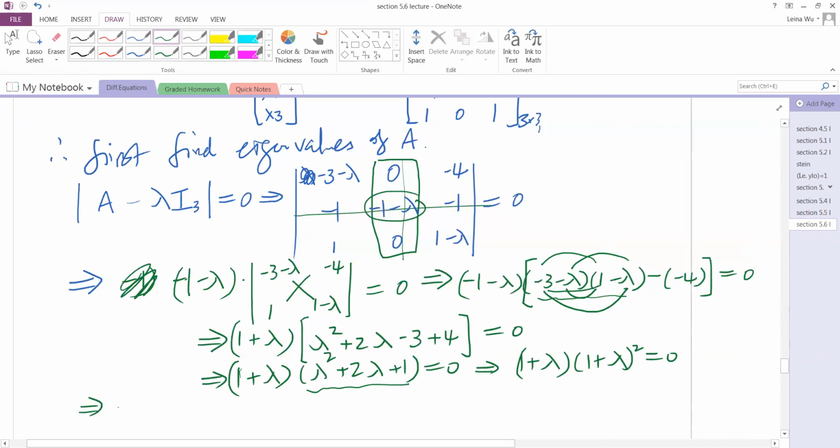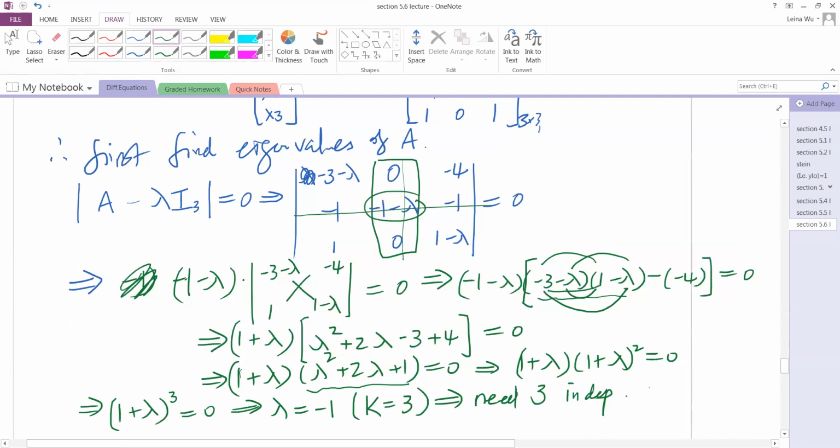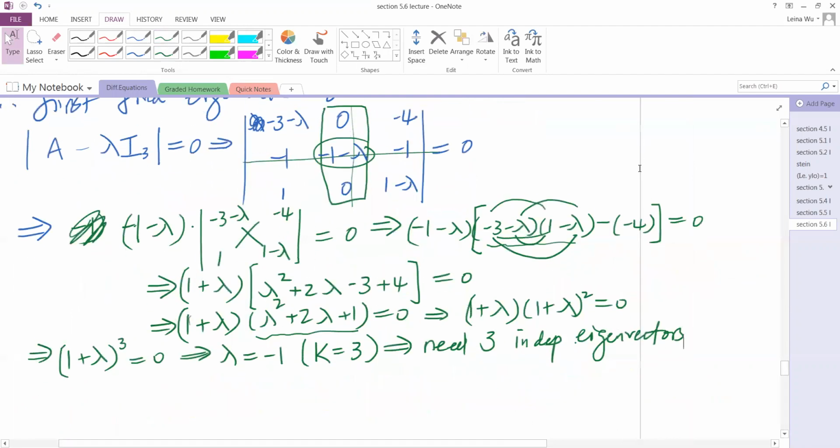So that told us 1 plus lambda cubed equals 0, which means our lambda would be -1. How many times did it appear? 3 times. So the multiplicity should be 3, which means we need 3 independent eigenvectors.